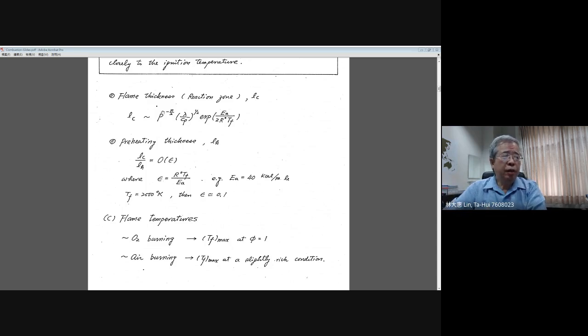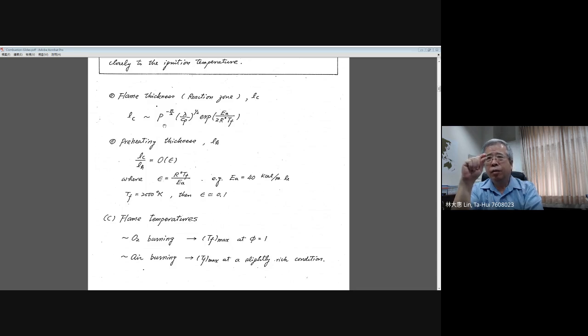When you find the flame thickness is inversely proportional to the pressure, people will think about it. When you do the experiment, you realize the flame thickness is only 1 millimeter, right? Then you try to figure out, can we measure or investigate the flow structures inside the flame zone?